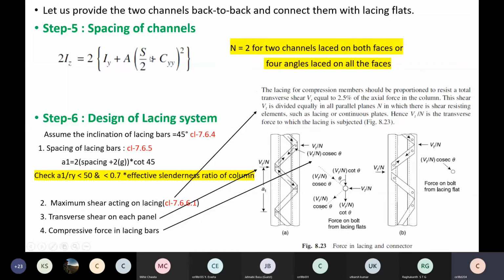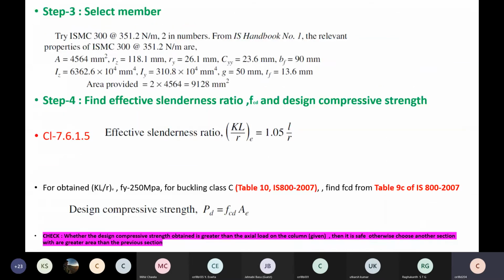I will show you the material properties and section properties. You can write them down: IZ, IY, CYY, area. Then you can go for the formula calculation. Have you noted down?